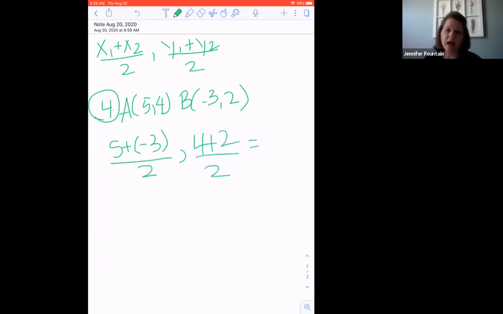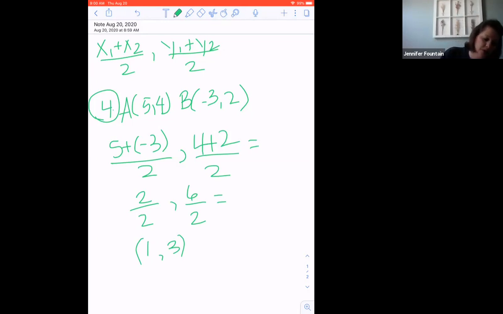Now I'm going to simplify. 5 plus -3 will give me 2, so now I have 2 over 2. 4 plus 2 is 6 over 2. Now I'm going to simplify even further. 2 over 2 is 1, and 6 over 2 is 3. So my midpoint is going to be (1, 3). Any questions on how we did that?